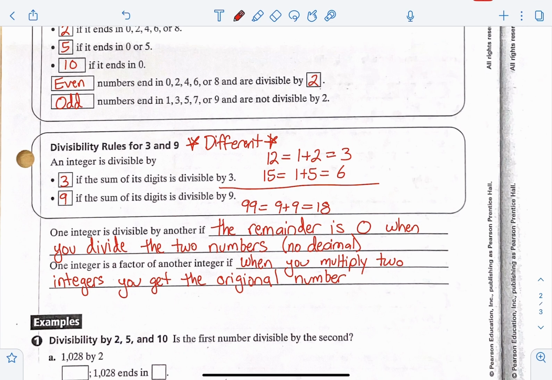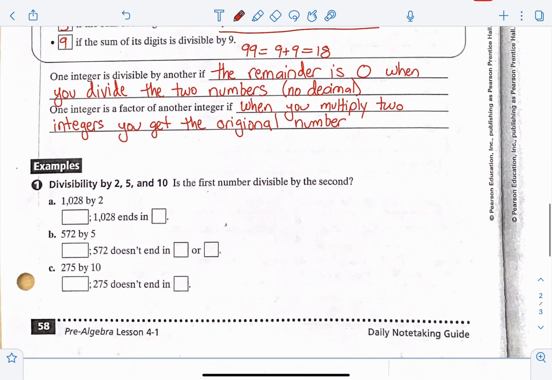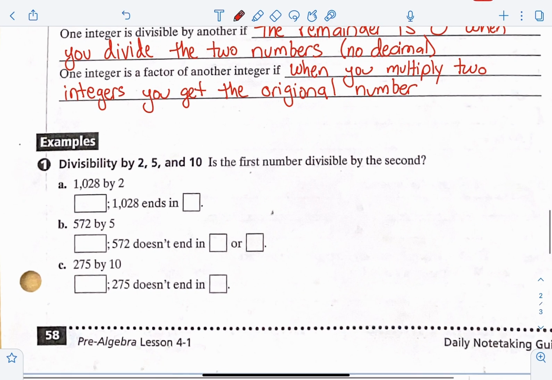All right, let's do some examples. So you're going to get problems like this where it gives you a number, and then it says by another number. So is 1,028 divisible by 2? Yes or no? And then why? So this one is yes, and it's because it ends in 2.